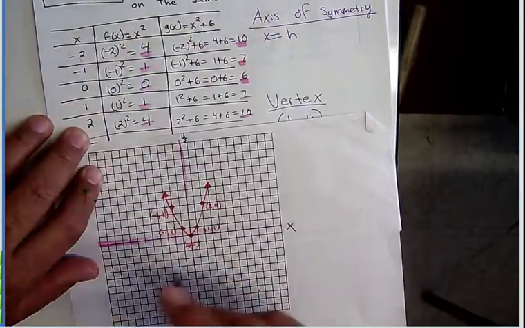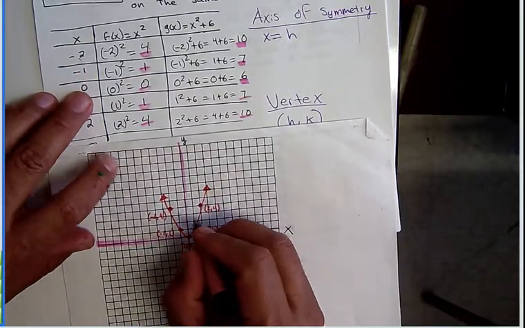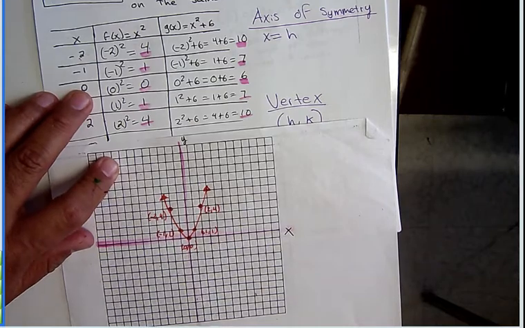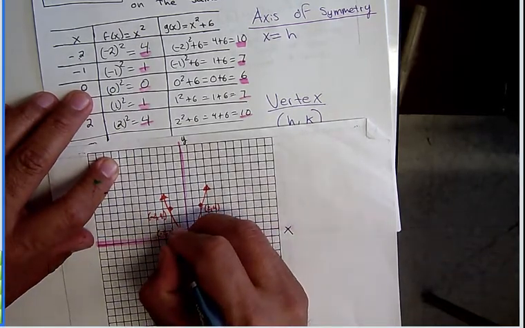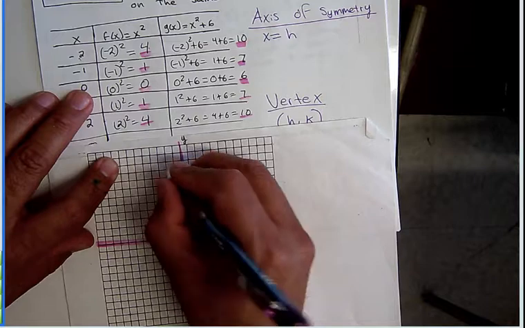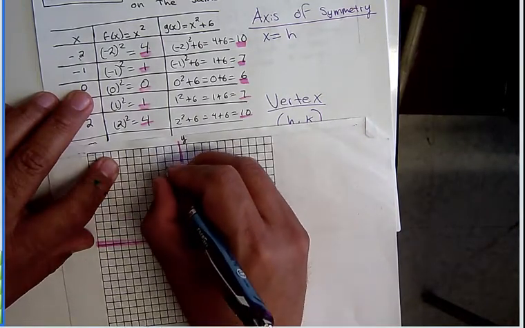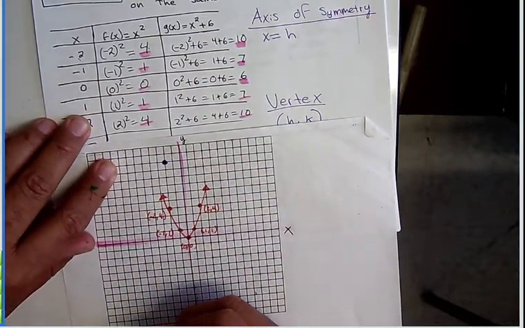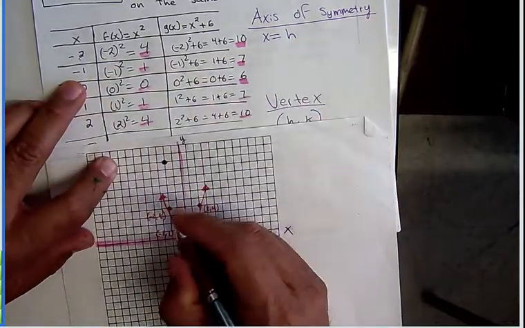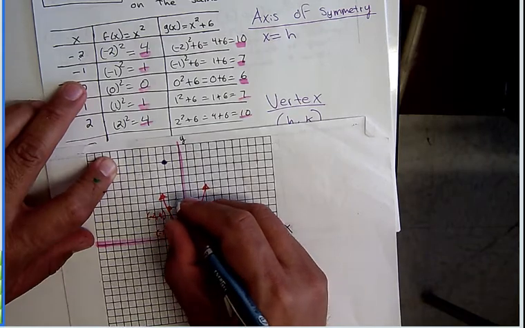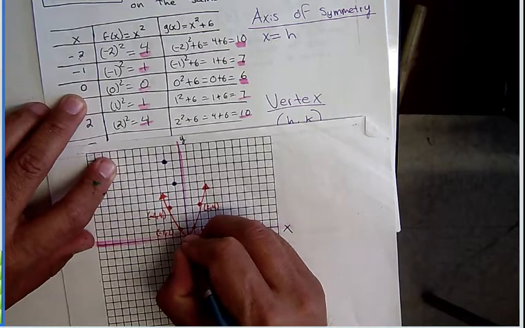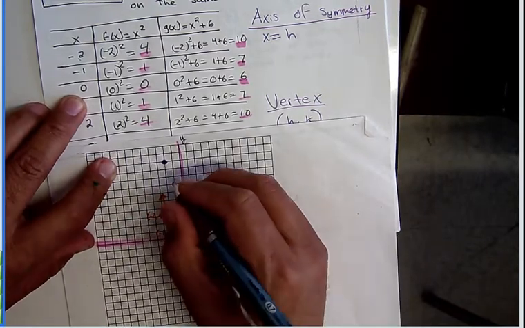Now let's graph the second function, the one that has a plus 6. Let me use a different color for that one. Negative 2, 10 would be right here. Then negative 1, 7 here. Then 0, 6.